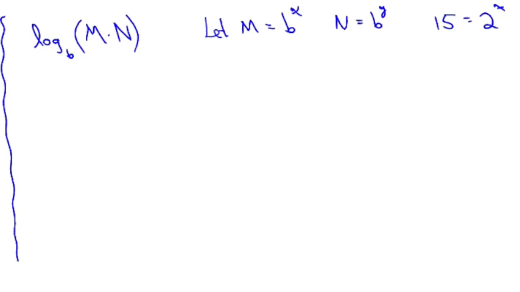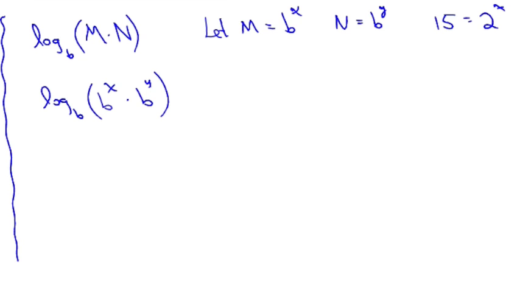Okay, so basically I can say, if M is a number, I can write it as any base raised to a power. If N is another number, then I can write it to the same base to another power. Or if M and N are equal, then the same power, but we're not going to worry about that. So then I can change this to be log base b, replace M with b to the x, replace N with b to the y, and we get that equivalent expression.